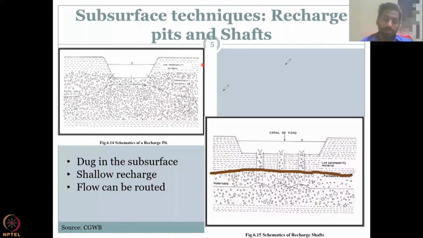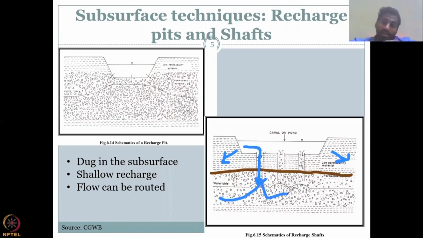What you could be doing is you can have a shaft. A shaft is kind of a small well which is drilled down into the confined aquifer or the deep aquifers, and water now moves through the shaft, not through the soil. It moves through the shaft down and then recharges.